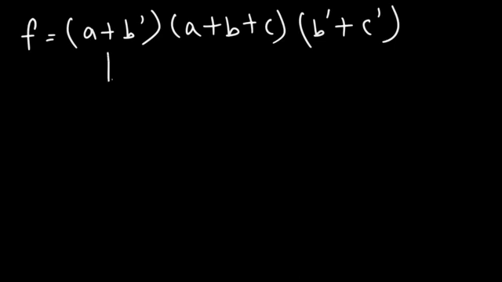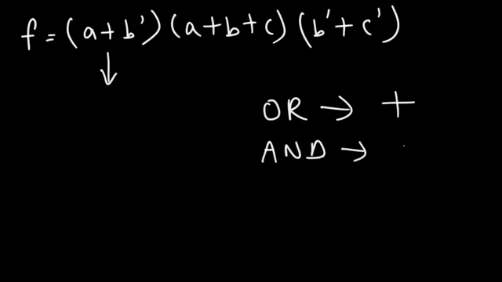Now, for a sum term, should we use an AND logic gate or an OR logic gate? What would you say? Now remember, you want to associate OR with addition or sums, and you want to associate AND with multiplication, or basically products.